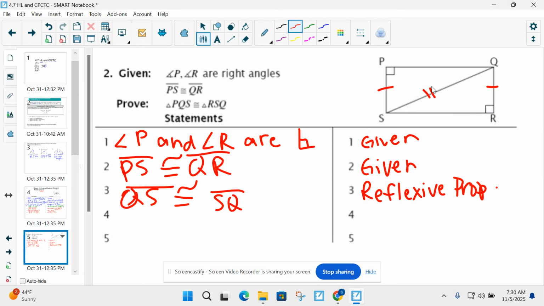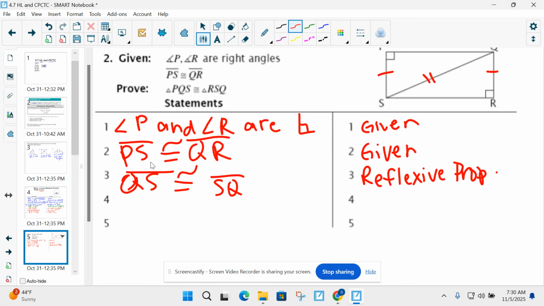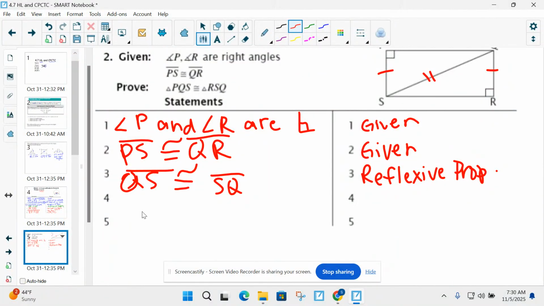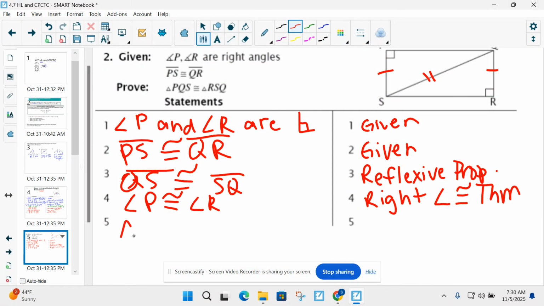And then after that, you could do this in 4 steps, but if we have 5 steps here, they're probably wanting us to say that angle P is congruent to angle R by the right angle congruence theorem. And then finally, we can say that triangle PQS is congruent to triangle RSQ by hypotenuse leg. Since these are both right triangles, the hypotenuse and one of the legs are congruent.